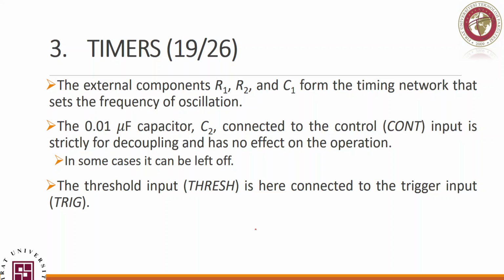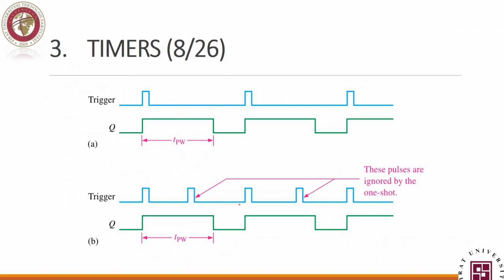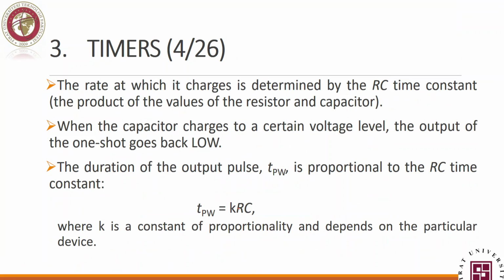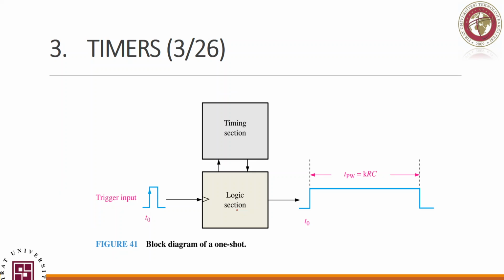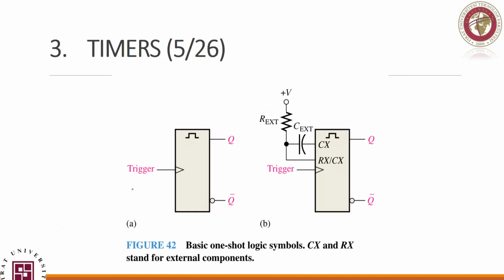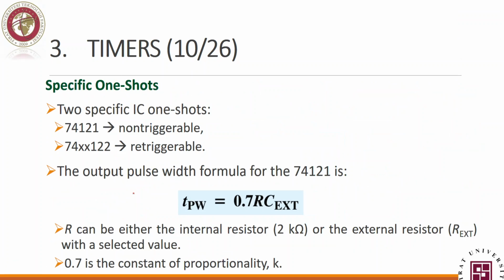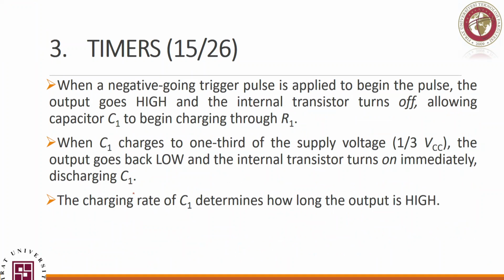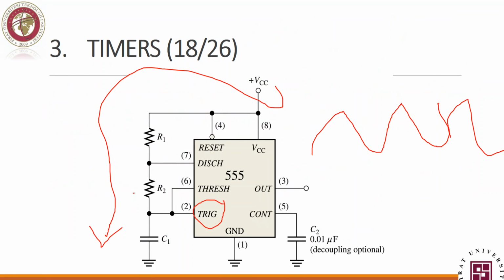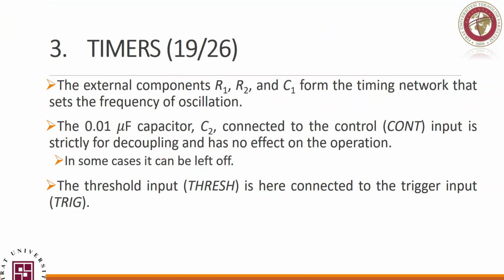Okay. Now R1 and R2, along with C1, are exactly the timing circuit. Do you remember this timing section? They determine the time. Why? Because we said we will go to 2/3 VCC, 1/3 VCC, but based on what time?